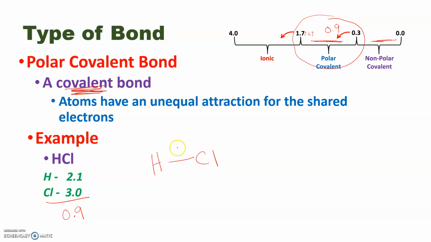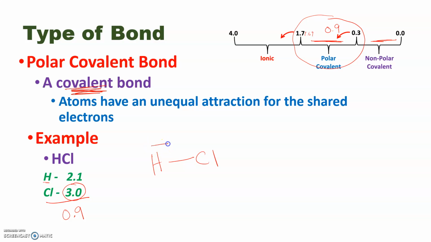But in this case, I also have to draw symbols to illustrate which atom is hogging the electrons. In this case, chlorine is more electronegative, not enough to steal the electrons from hydrogen, but enough to pull them away and leave hydrogen with a little bit less than its fair share of the electrons.